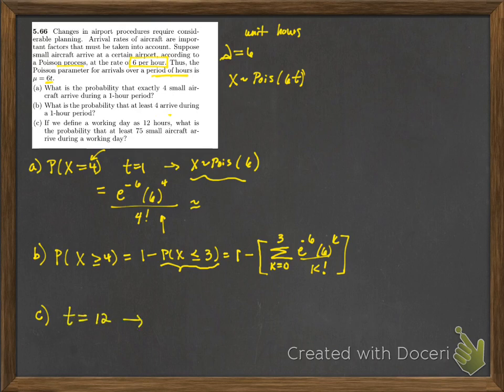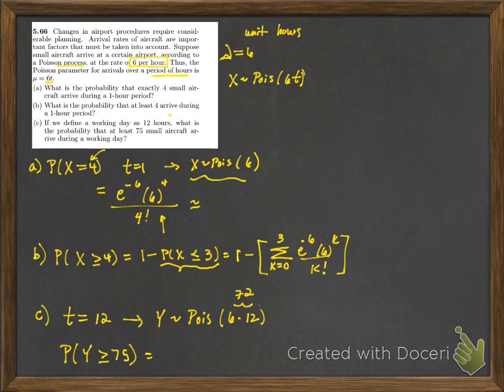So I could define a new random variable y, which is Poisson, and this time 6 times 12, or 72. So y is a Poisson random variable whose parameter is 72. And what were we looking for? At least 75, so the probability that y is greater than or equal to 75.